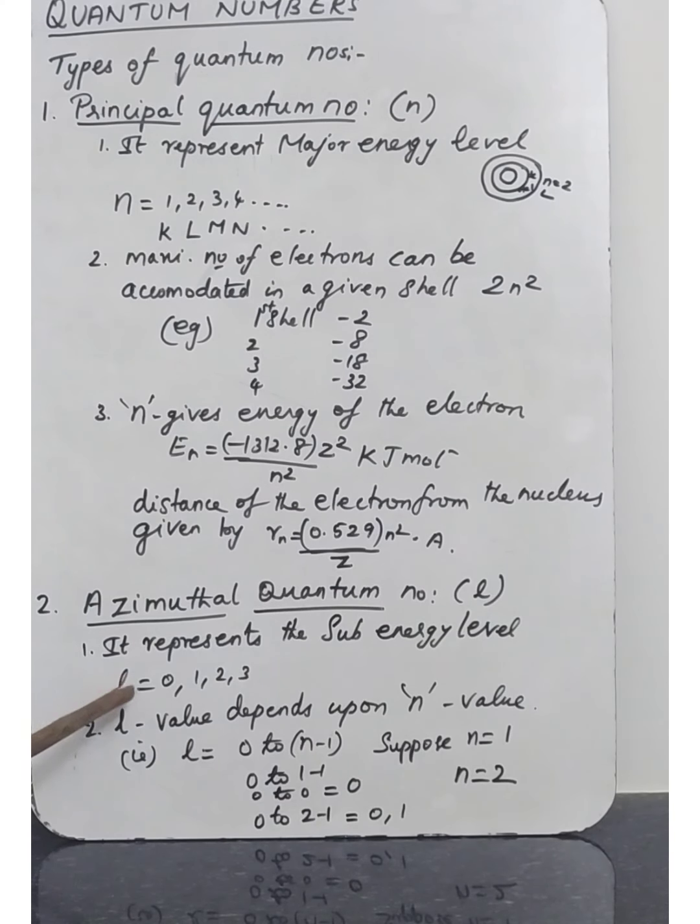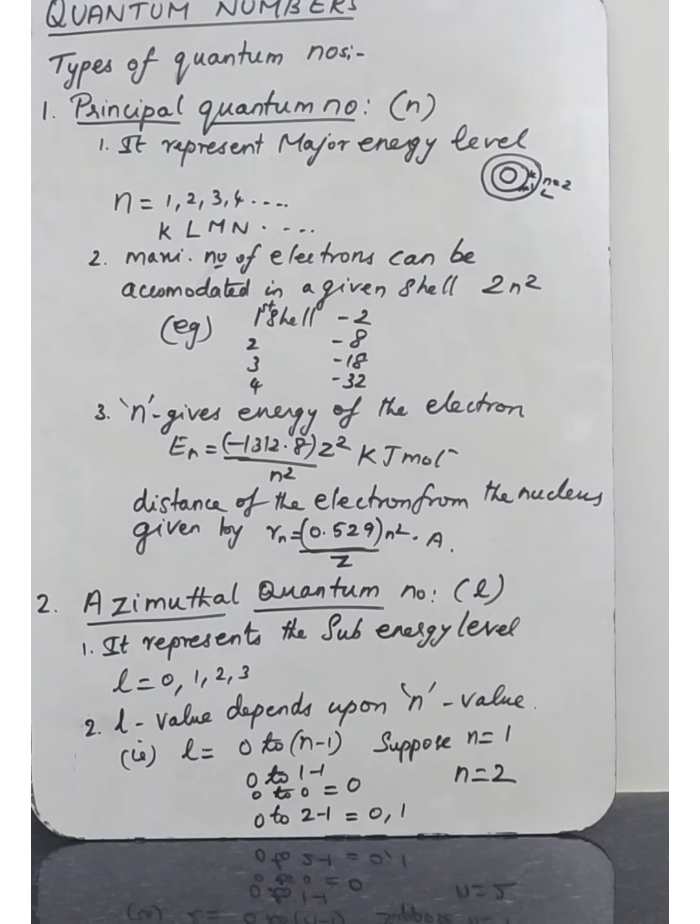Okay, so it represents the sub-energy level. If l is equal to 0, s orbital. If l is equal to 1, p orbital. l is equal to 2, d orbital. And l is equal to 3, f orbital. Understood? You have already learned in the 10th standard periodic classification lesson that in the periodic table, the elements are classified into 4 blocks: s, p, d, f.